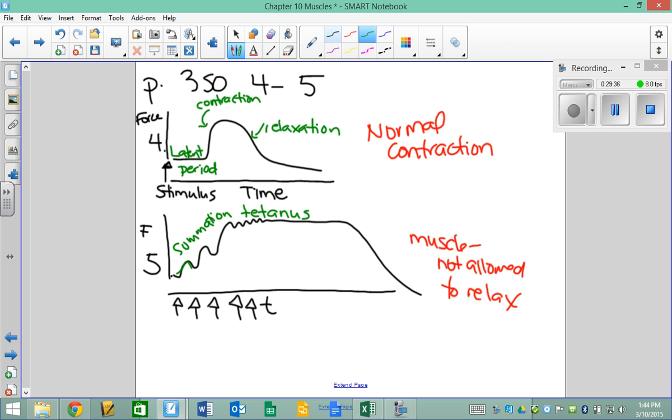If you think of what a sum is mathematically, I'm adding things up. And on the other side, where the line goes down, we have fatigue. So that's different than relaxation. Relaxation means my muscle is letting go slowly on purpose. Fatigue is where my muscle can no longer hold the contraction.